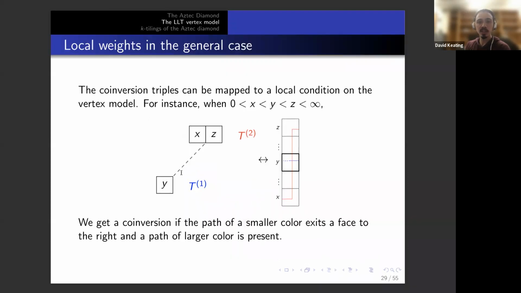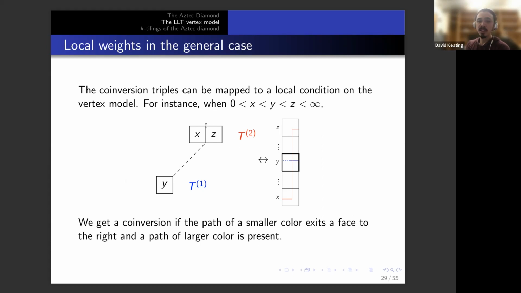If you just follow through with this bijection between semi-standard fillings and paths, you could see that if you get a triple like this, in this case, say x is less than y is less than z strict, then in the lower shape, I'm going to color it blue, the y means in row y, the blue path exits right.